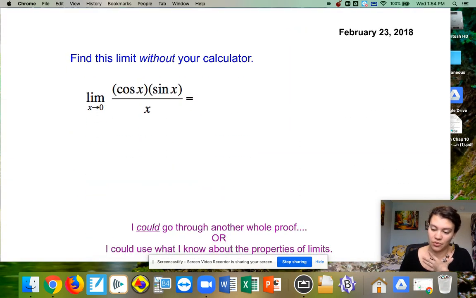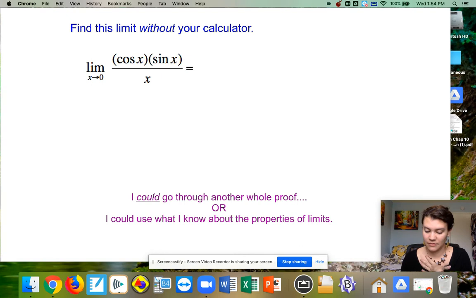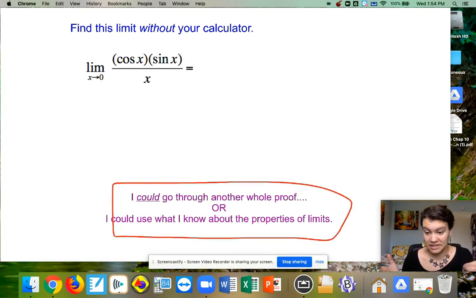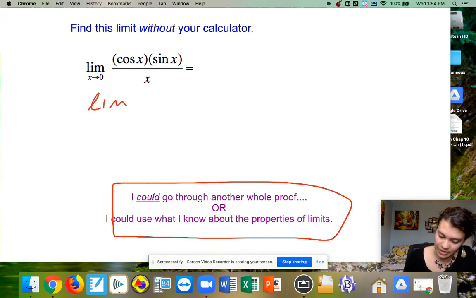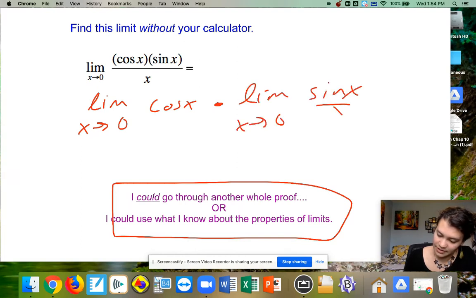Okay, so finding this limit. Here, we're not going to go through the whole proof a bunch of times because that seems like useless work. So you can break this up. I can rewrite this one as the limit as x approaches 0 of cosine of x times the limit as x approaches 0 of sine of x over x.